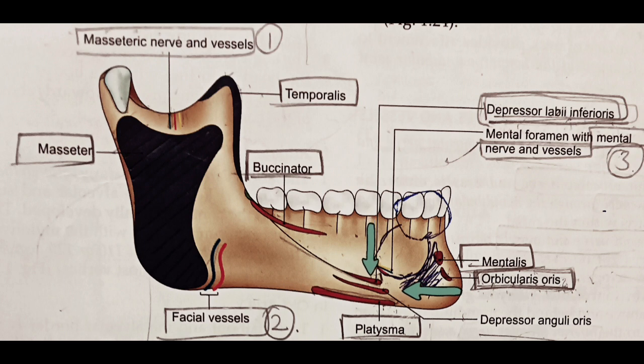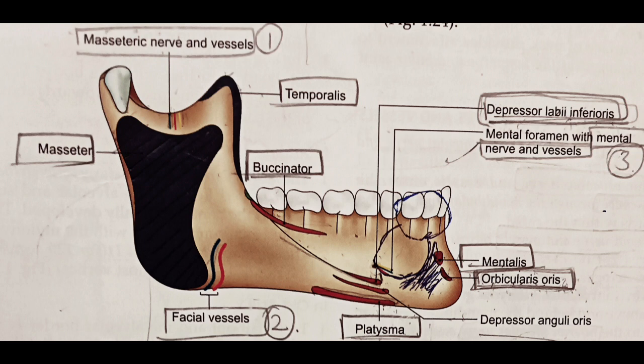The depressor labii inferioris and the depressor anguli oris arise from the oblique line below the mental foramen. See, it is present below the mental foramen. Both muscles, the depressor anguli oris and the depressor labii inferioris.